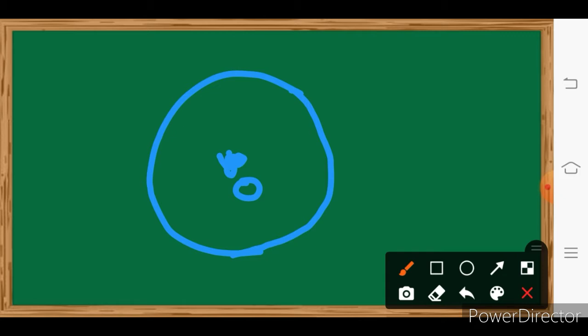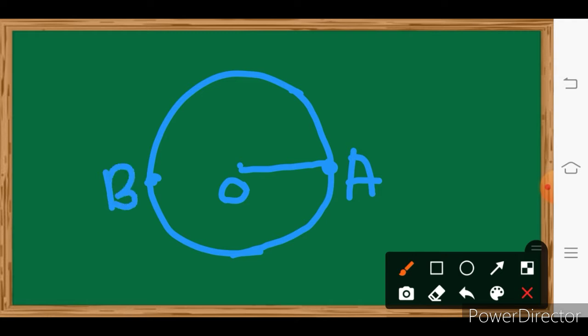If there is a point A and a point B, the distance from the middle point, that means the fixed point or center, to a point on the circle is called the radius. The whole distance between any two points on the circle passing through the center point is called d.